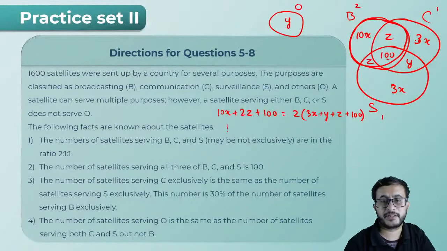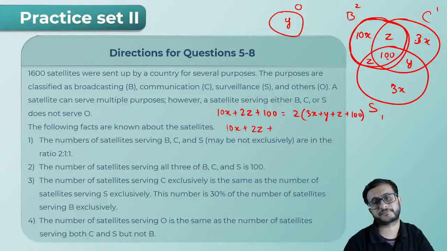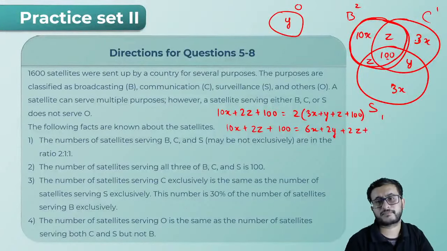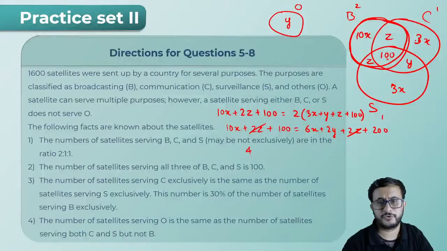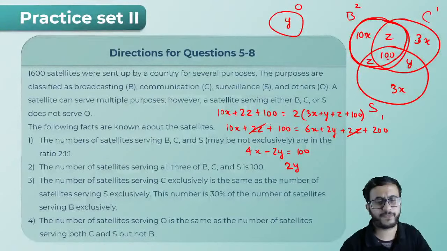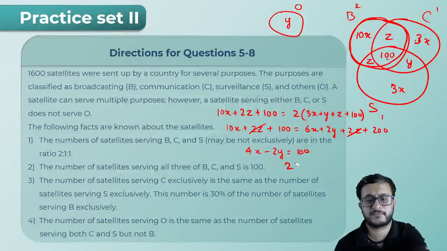When you solve this, the 2z cancels out, and you will get 4x minus 2y is equal to 100, or 2x minus y is 50.